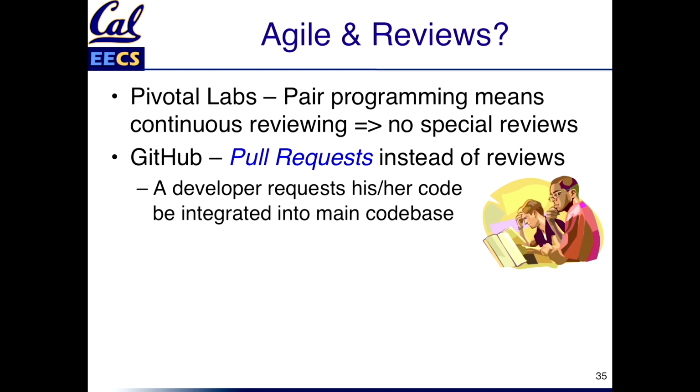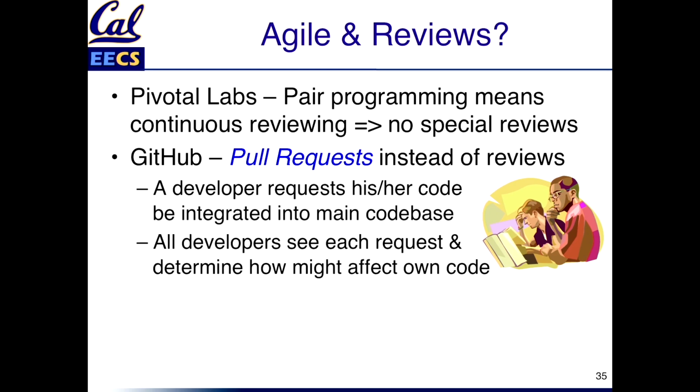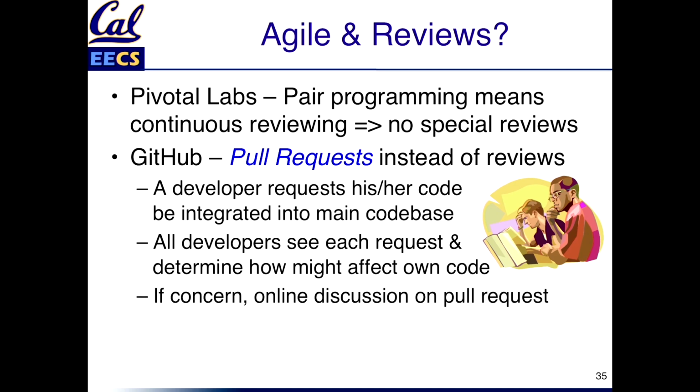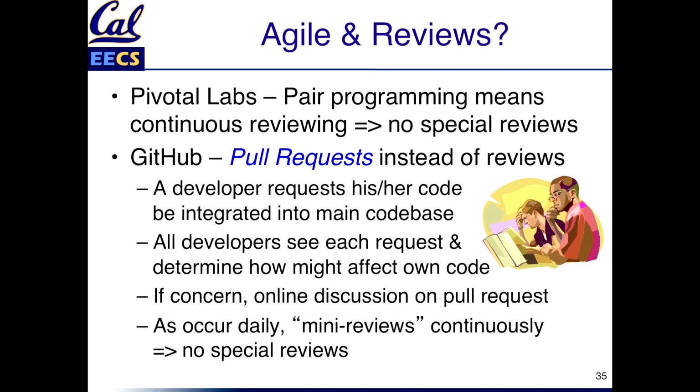Here's the idea. The developer is doing the code and then releases the code into the main repository. Everybody involved in the project takes a look at the pull request, and this could happen multiple times a day, to see if the committed code might affect their code. If so, they're supposed to raise it as an online discussion as part of this pull request.